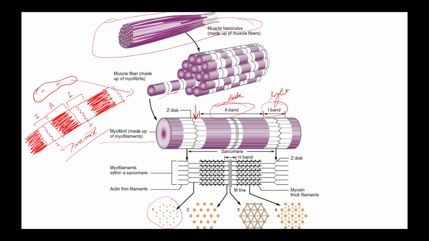When close electron microscopy was done, the fibril proteins present in the thin filament are actin proteins, and that is why these I bands are made of the actin thin filament.